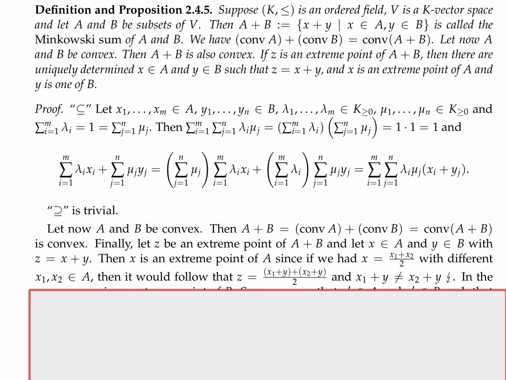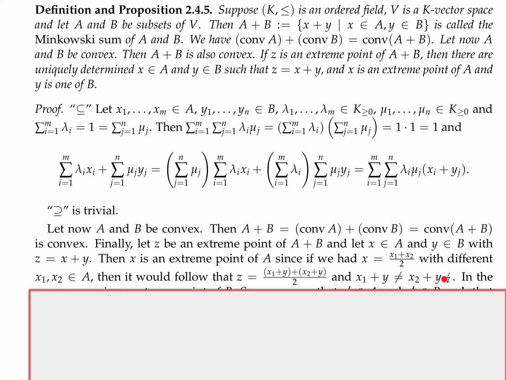But x1 plus y is different from x2 plus y. And you know x1 plus y is in A plus B, and x2 plus y is also in A plus B. So that would mean z wouldn't be an extreme point, but it was one, right?